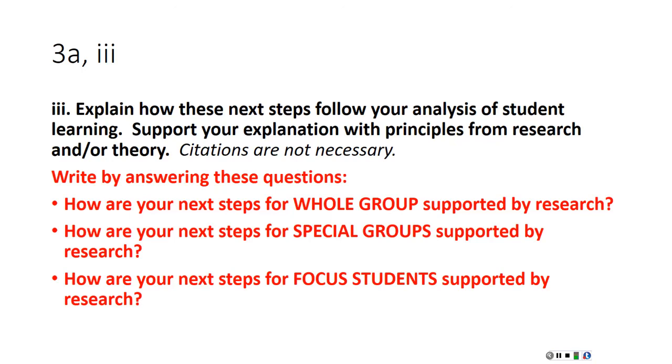Yes? On our feedback, on the student work samples, I know that the majority of the feedback should be directly related to objectives, but if there's something that's really present, like a really bad spelling problem, should we still comment? You can make other comments, you can correct their grammar and punctuation and all those things that you feel you need to do, but it is not part of this analysis.